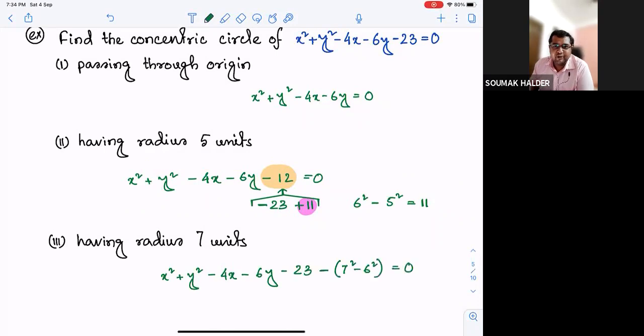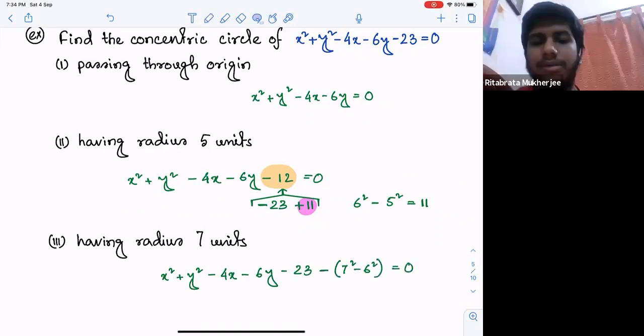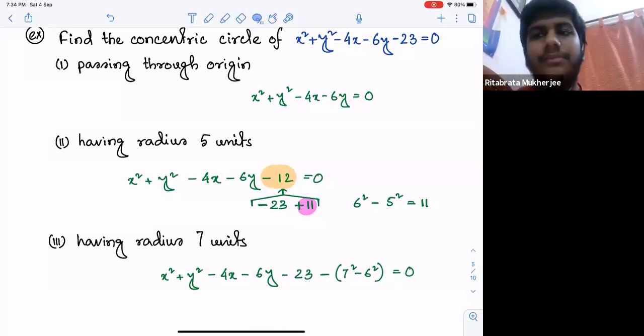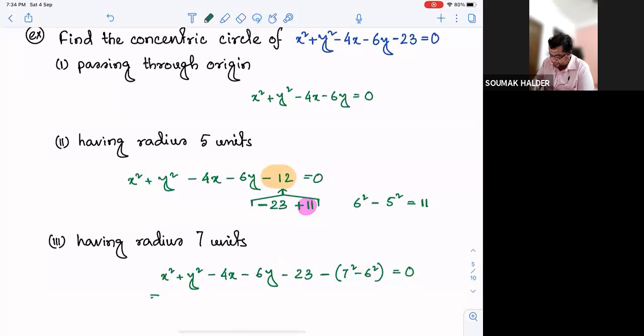This is the equation we have got, right? Yes, sir. That is equivalent to x square plus y square minus 4x minus 6y minus 36 is equal to 0.